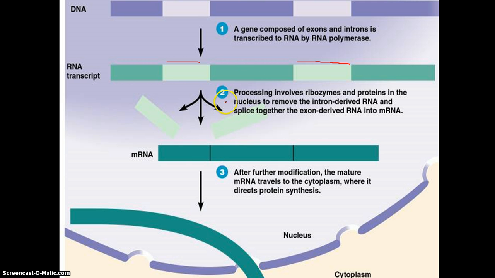Down here in step 2, you're going to do some editing, just like our bodies do. Our bodies come and they cut these introns out, and as they cut them out, they splice these 1, 2, 3 exons together down here into this molecule. This can be called the mature messenger RNA because it has only the information needed to make that protein.